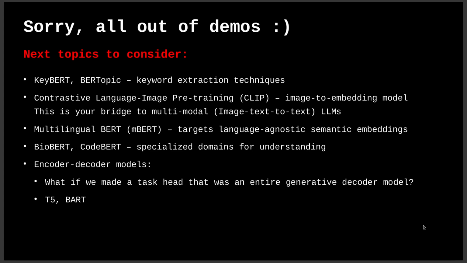There's also different domains like multi-language. You can train an encoder to specifically permit multilingual representations to have nearby semantic values, or specialized domains, because a lot of that technical jargon is going to be out of distribution for the simple models. If you want deep code understanding, maybe try CodeBERT. And what if you had a task-specific head for an encoder that was a whole decoder, like a generative model?